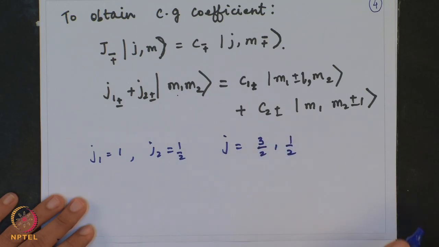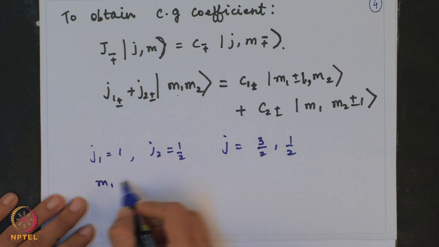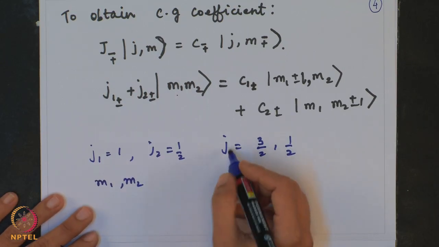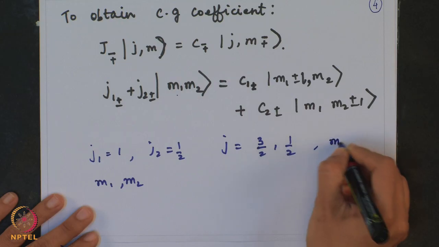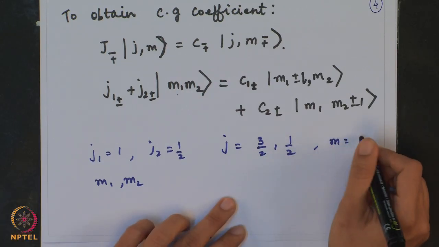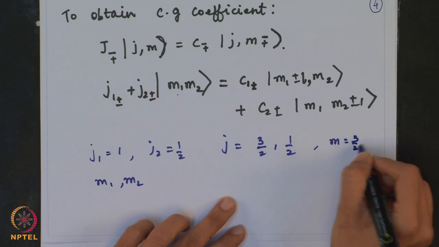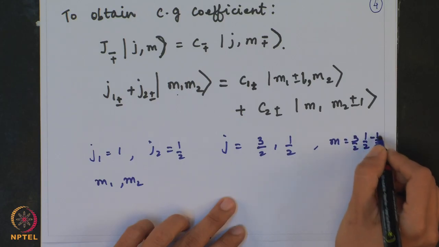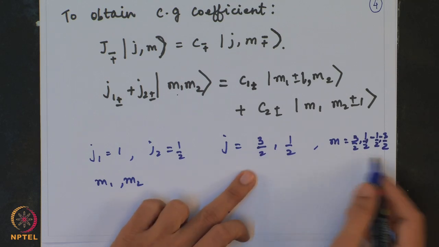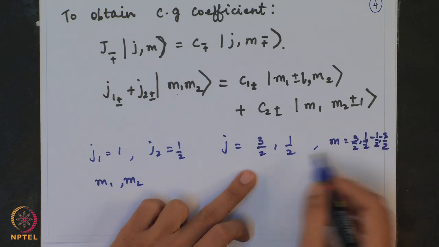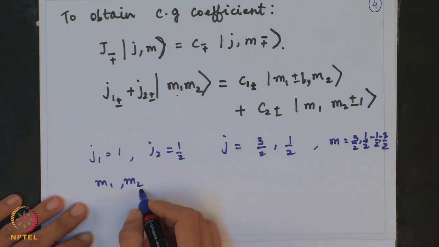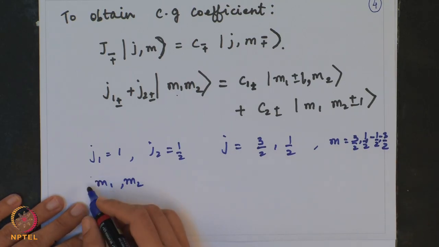Similarly, for M1, M2, if I want to write them in terms of the states, M can take values 3 by 2, half, minus half and minus 3 by 2. So, 3 by 2 will have 2 states, 3 by 2 and minus 3 by 2, and half will give me 2 states, half and minus half. Similarly, for M1, M2 you can have different states.